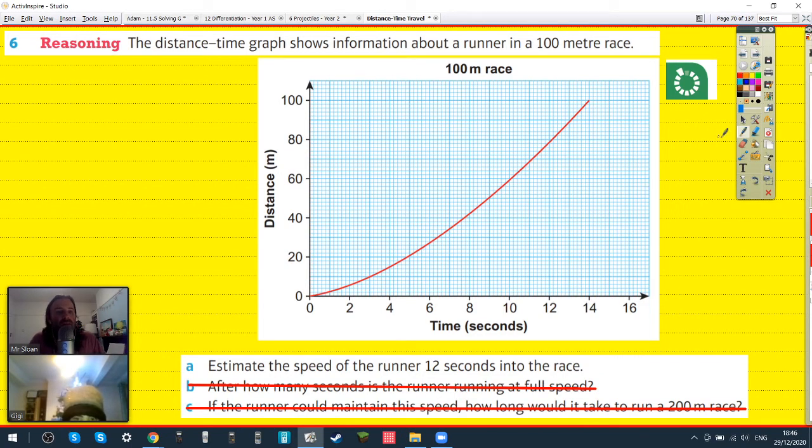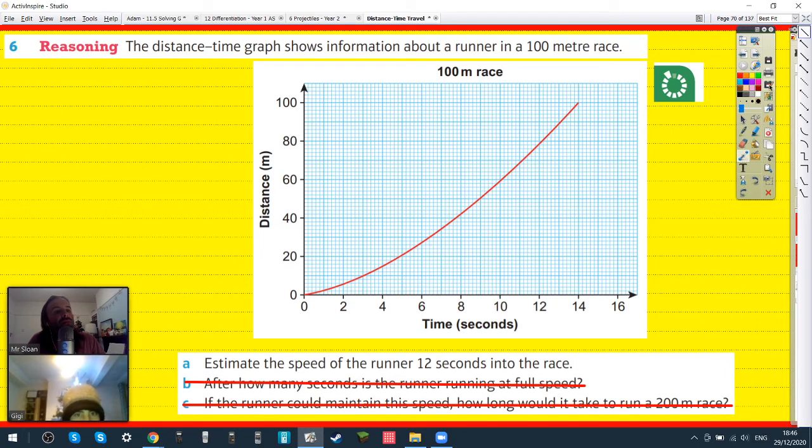How do we do this? You would draw a tangent from 12.